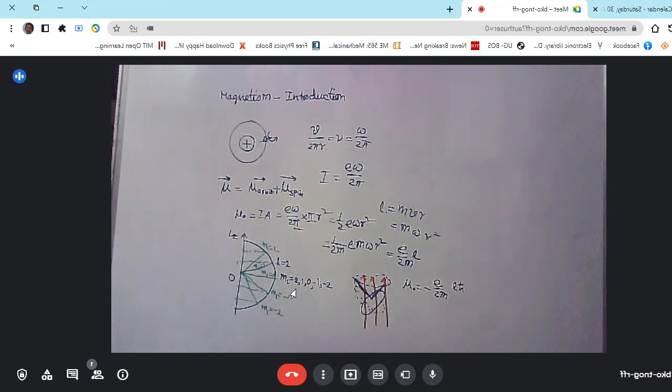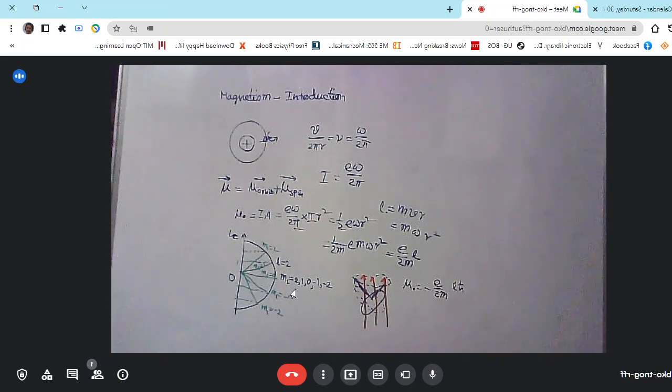But you know from your early quantum mechanics classes that these L values are present even in the absence of magnetic field also. The magnetic field is not there, but these energy values are true. So this orbital motion of the electron gives rise to some magnetic moment, and the dipole moment will be given by minus e by 2m into L h by 2 pi.